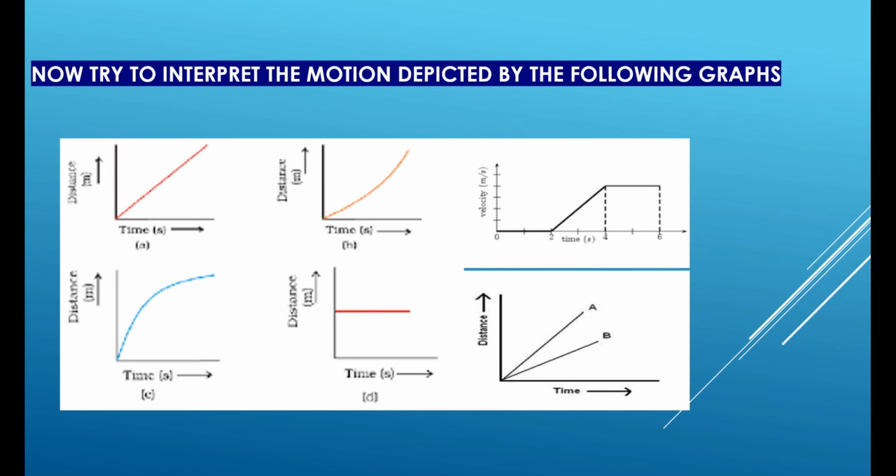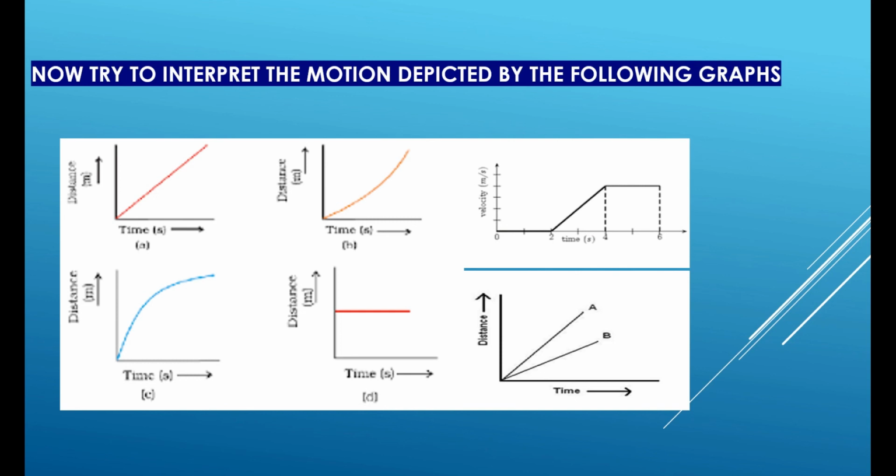In this particular graph, which is a VT graph now, in the beginning 0 to 2 seconds, you can say the object is at rest. The velocity is 0. It's not moving. Okay. Next 2 seconds, the object is uniformly accelerated, since it's a straight line graph inclined to time axis, and this 4 second to 6 second, it's a line parallel to time axis.